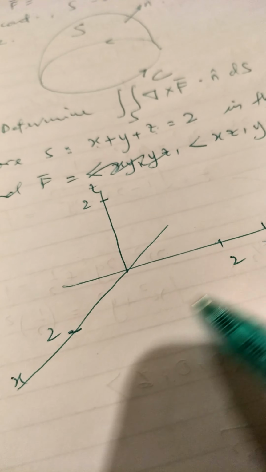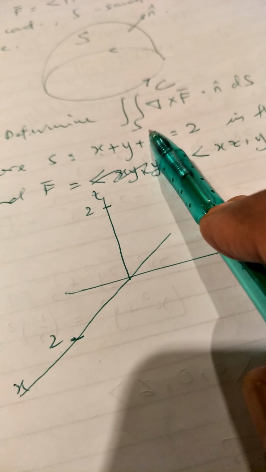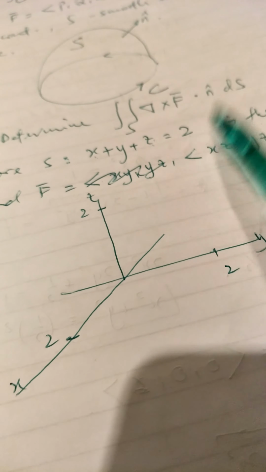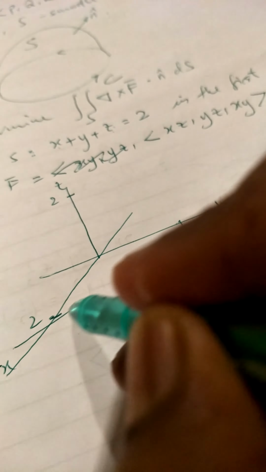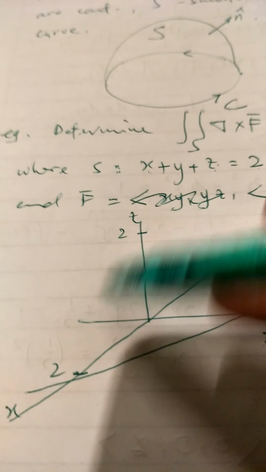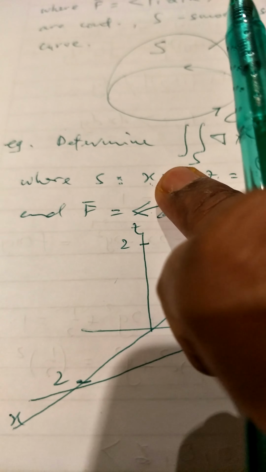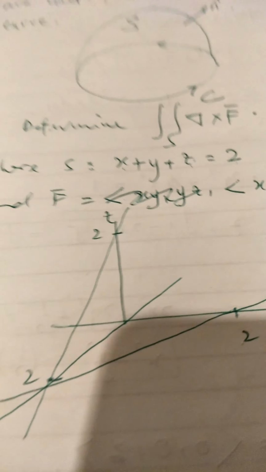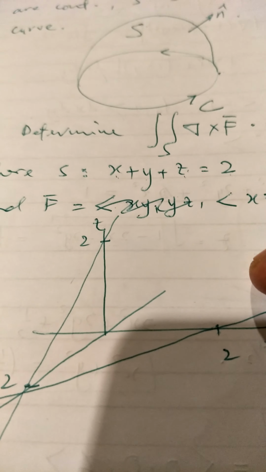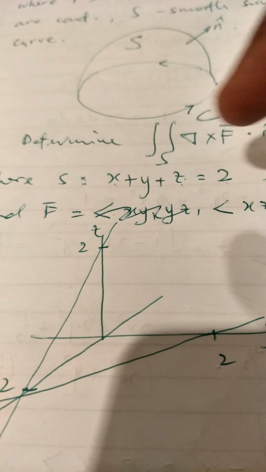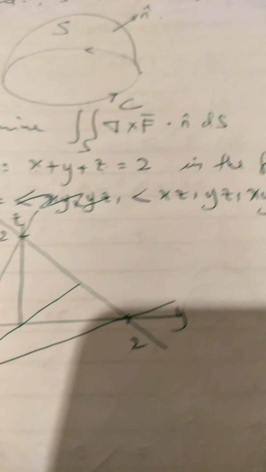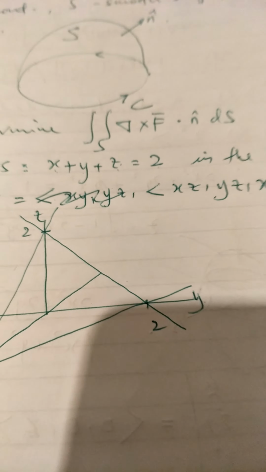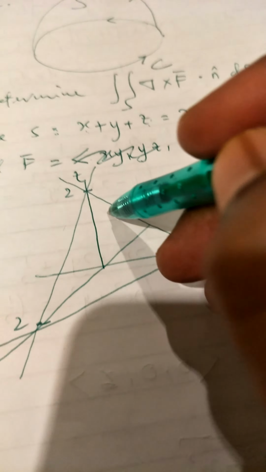On the XY plane, Z is 0, so we have x plus y equal to 2, a straight line crossing at 2, 2. On the XZ plane, Y is 0, so x plus z equal to 2. On the YZ plane, X is 0, so y plus z equal to 2. So this is our surface S.